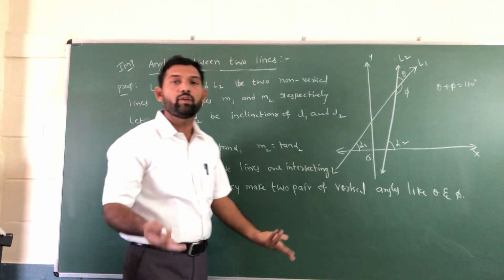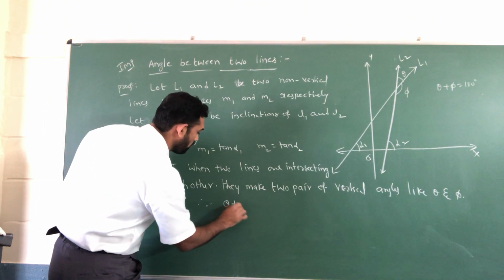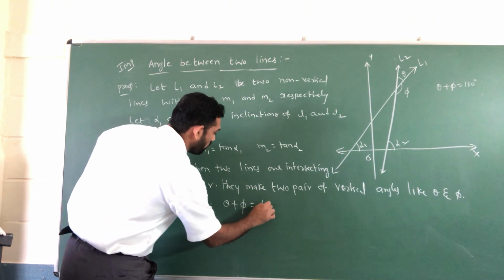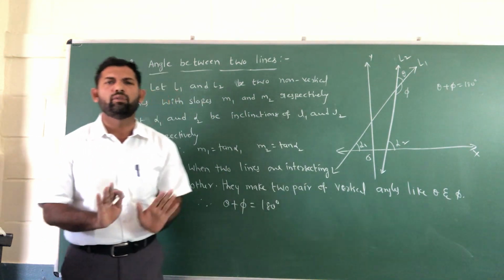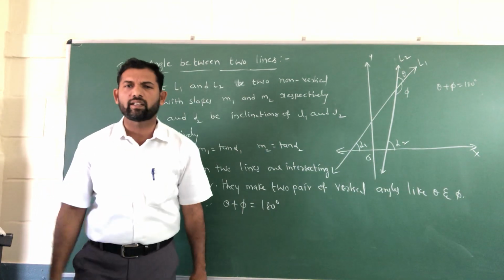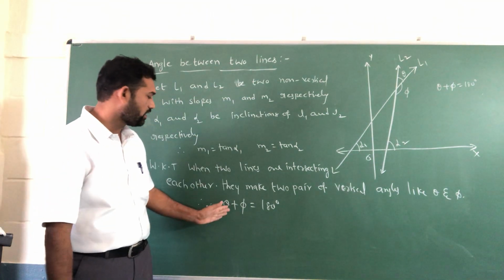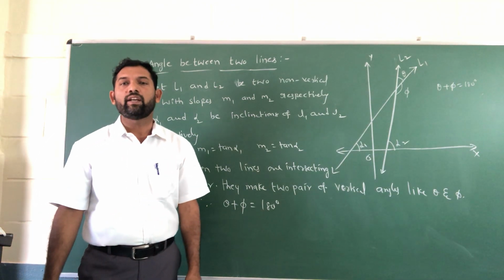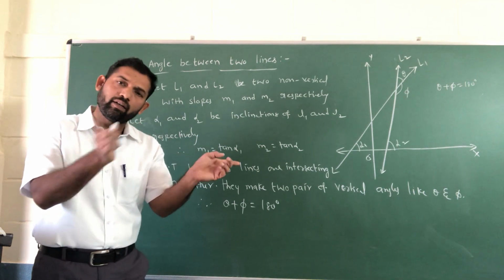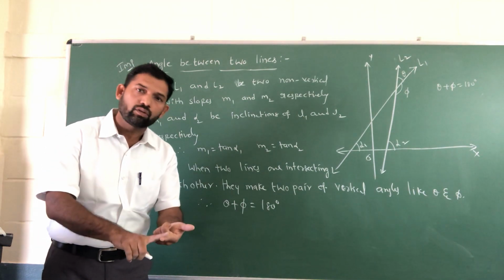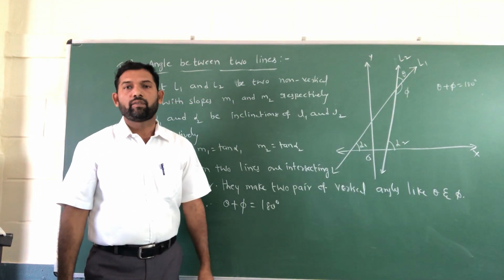So what do we know? Therefore theta plus phi is equal to 180 degrees. This much only we know. Two lines are intersecting, and the sum of those two angles we considered, theta plus phi, is equal to 180 degrees. Theta is the angle between L1 and L2. Phi is also the angle between L1 and L2.